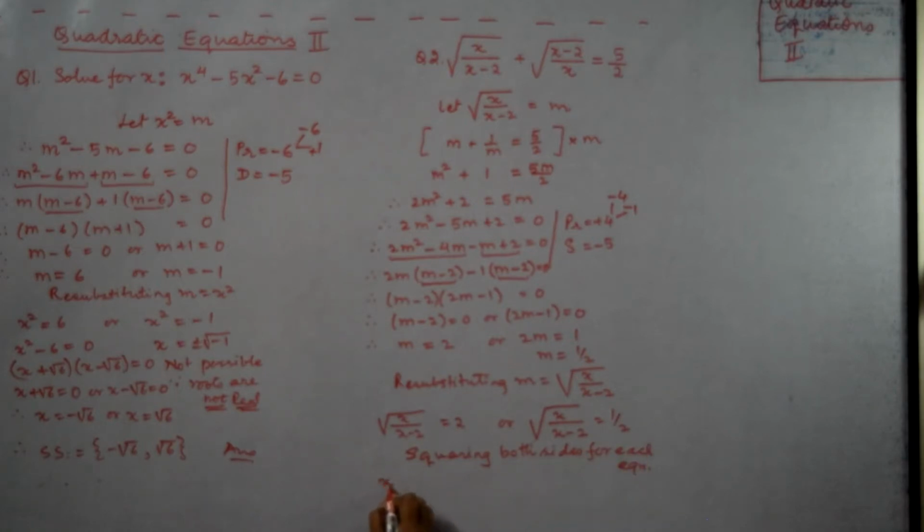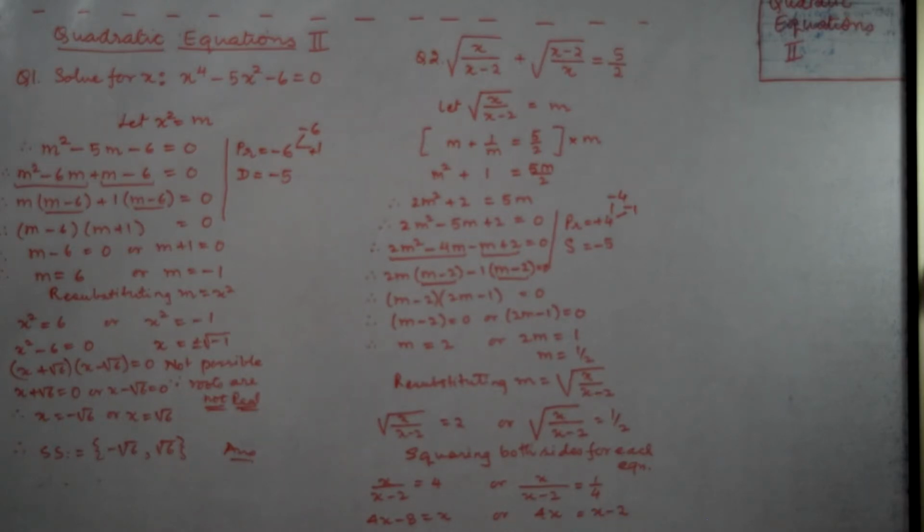We will have x upon x minus 2 is equal to 4, or x upon x minus 2 is equal to 1 upon 4, square of 1 is 1, square of 2 is 4. Now cross multiply. So you will have 4x minus 8 is equal to x, and here it becomes 4x is equal to x minus 2.